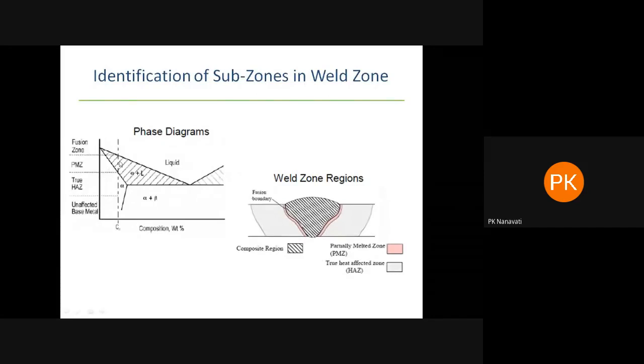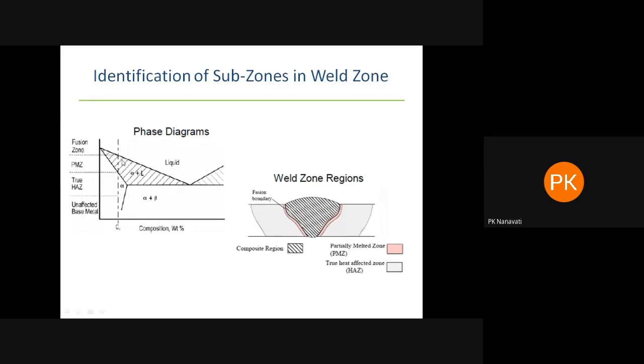Just look at the left hand side of the figure. This is a simple phase diagram, showing temperature versus composition. You see a certain composition which is cooling through the liquid region.